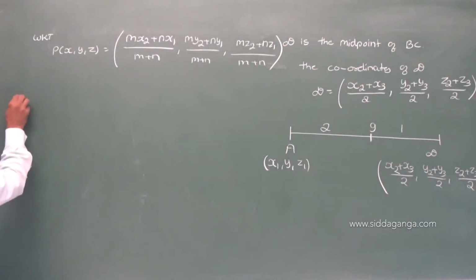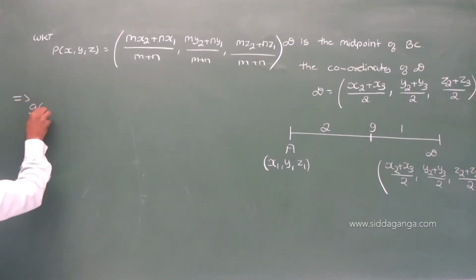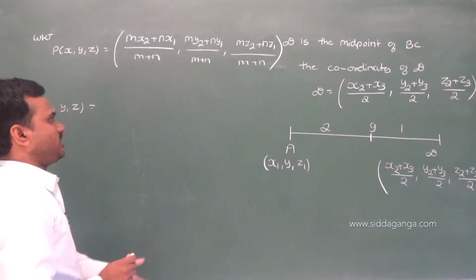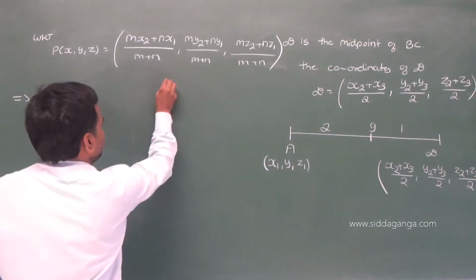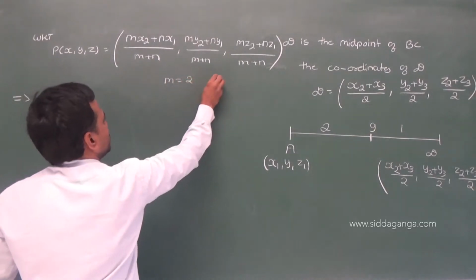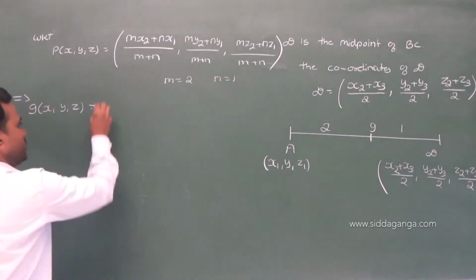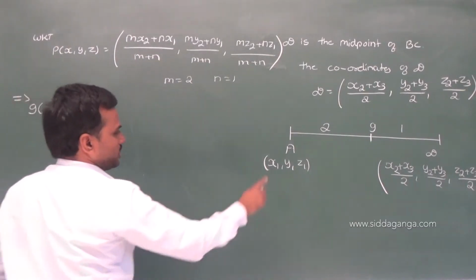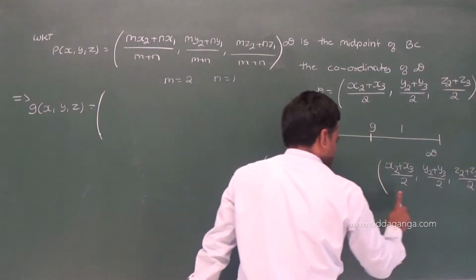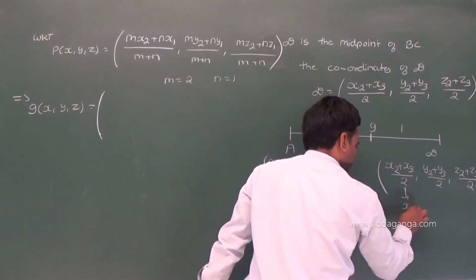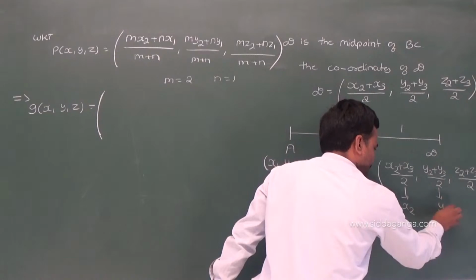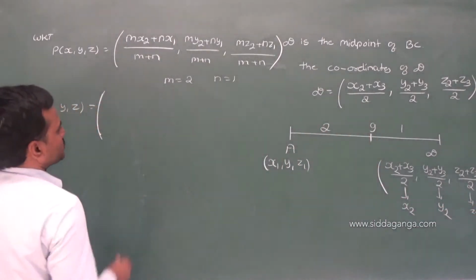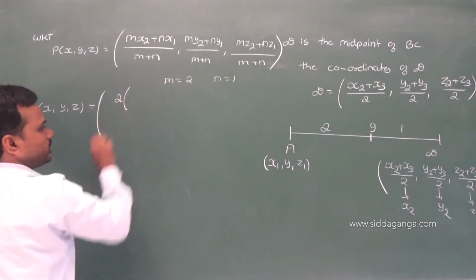That implies G of x comma y comma z, G is nothing but the centroid. In place of m here is 2, n is here 1. So observe carefully, m x2: these are x1, y1, z1, and this is x2, y2, z2. Okay, m x2, 2 into x2.